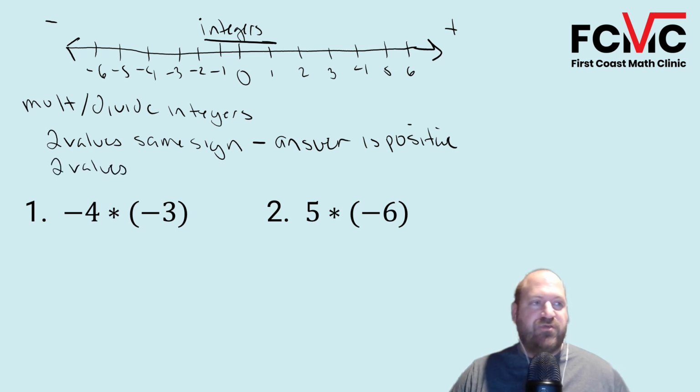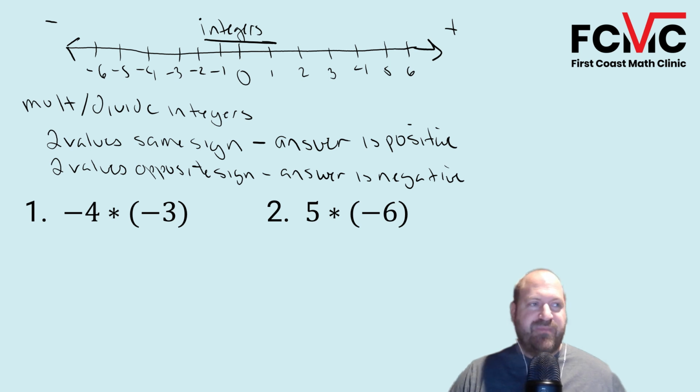If we're multiplying two values that are the opposite sign, the answer is going to be negative. So those are the major rules that we're going to use, right? If we have two values of the same sign, the answer is positive. If we have two values that are opposite sign, the answer is going to be negative.